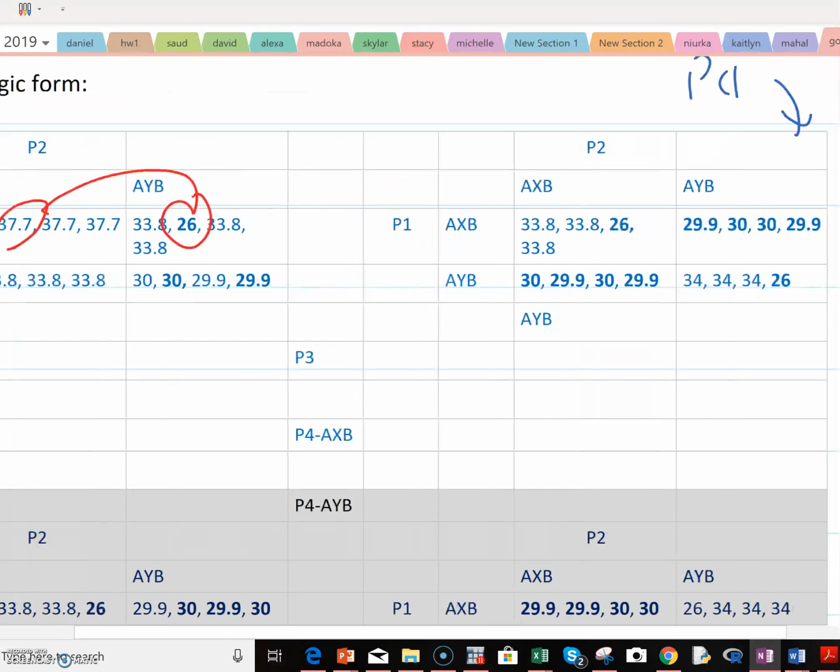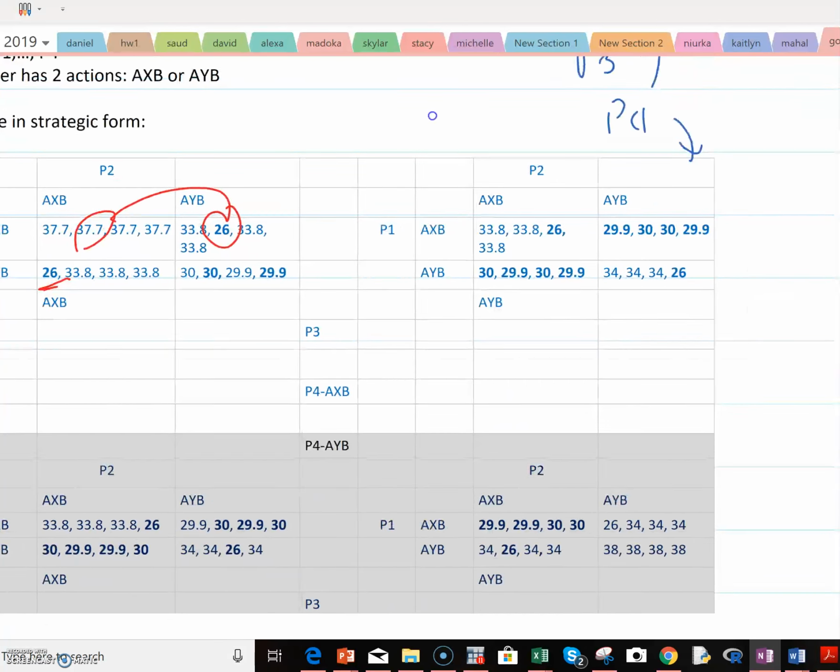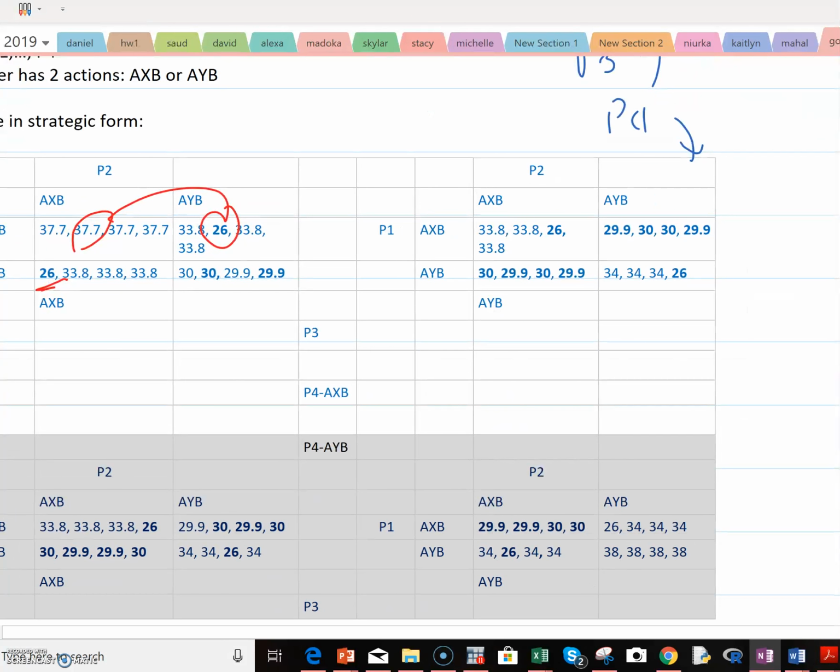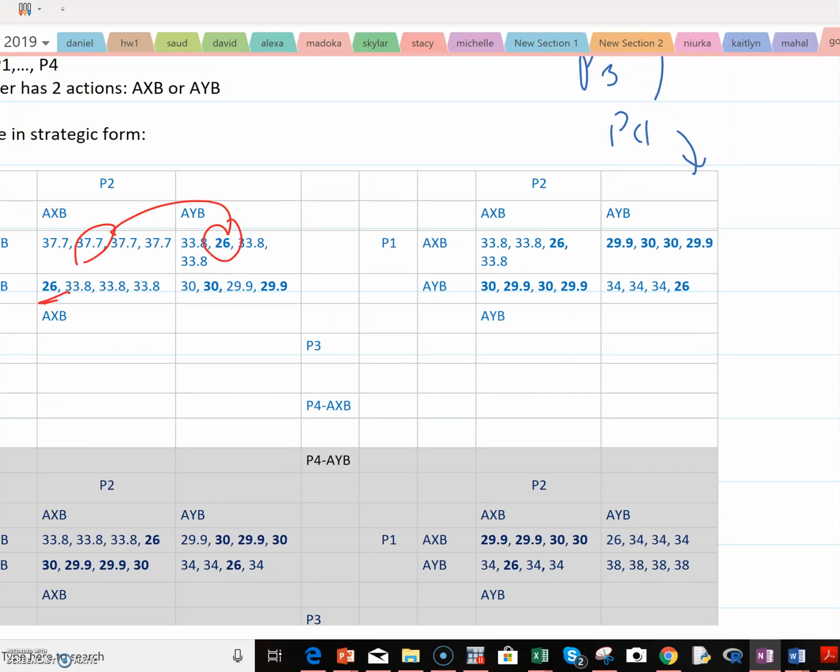And then between 37.7 and the 26 here, player 3 will prefer the 26.